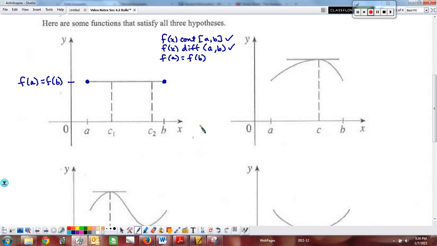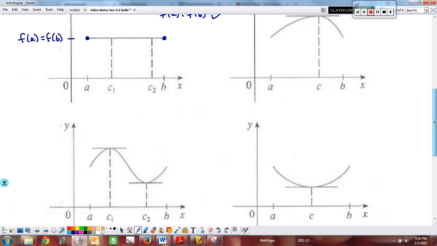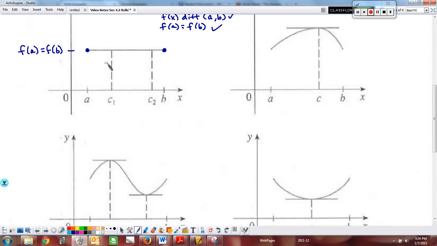Okay, and in all of these four examples that we're looking at, you can say the same thing. Each of these functions has endpoints that have the same y value, and they are continuous and differentiable in the interval. Same endpoints, continuous and differentiable in the interval.